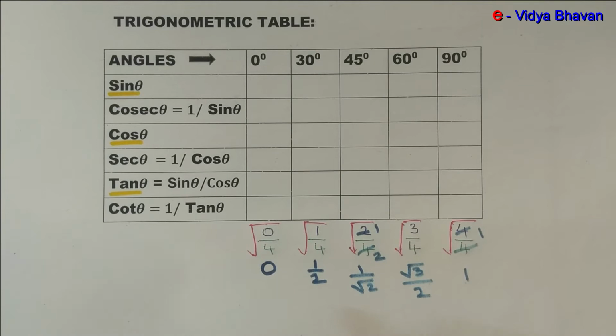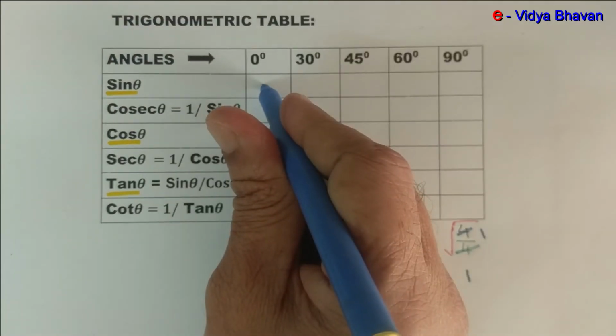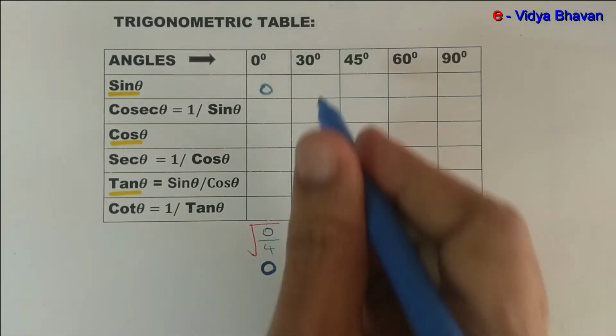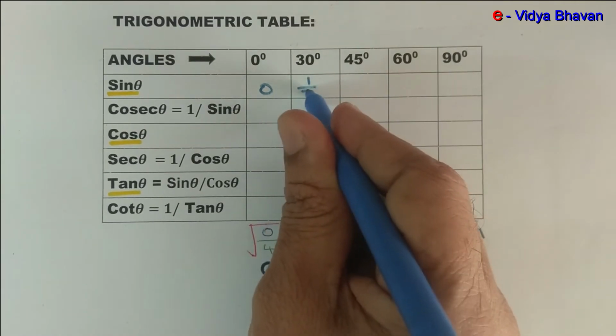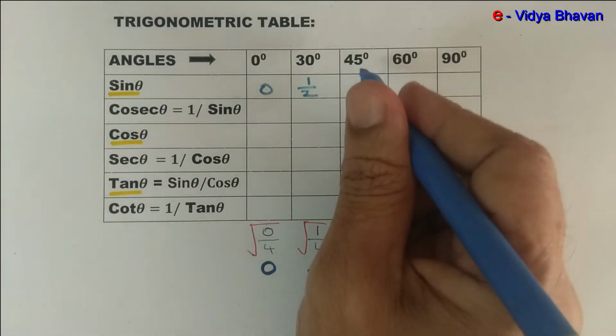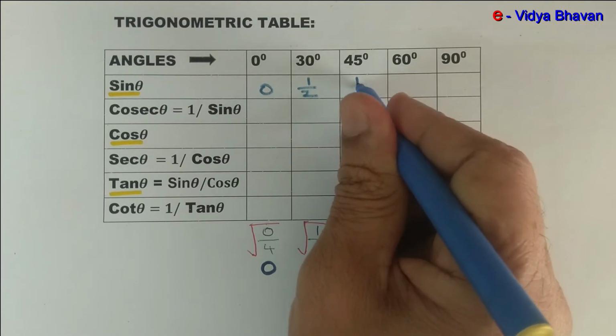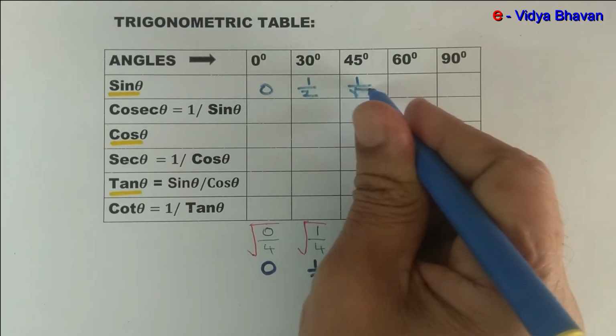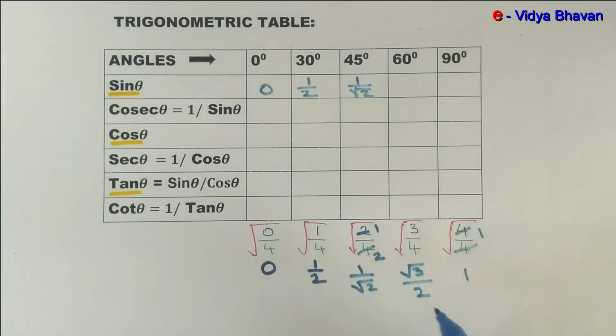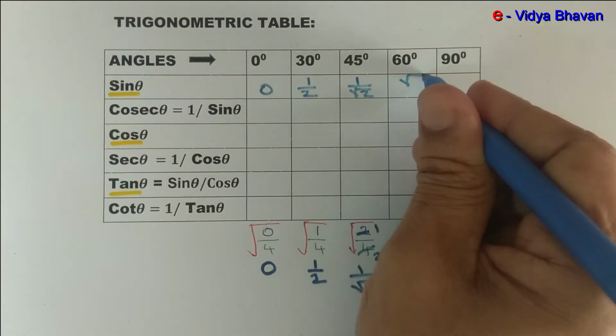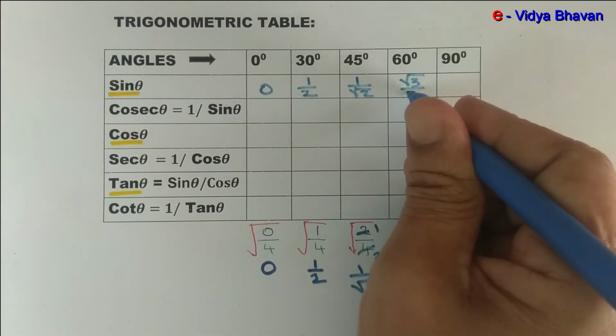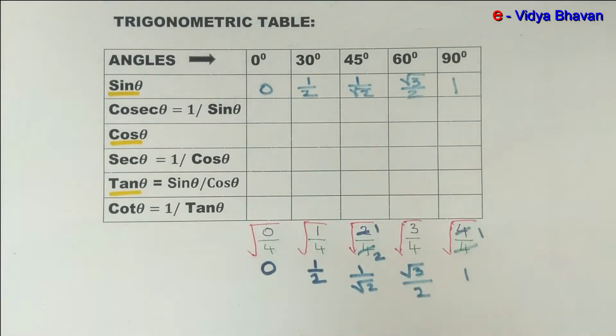So first we will write down 0, half, 1 upon root 2, root 3 by 2 and 1.